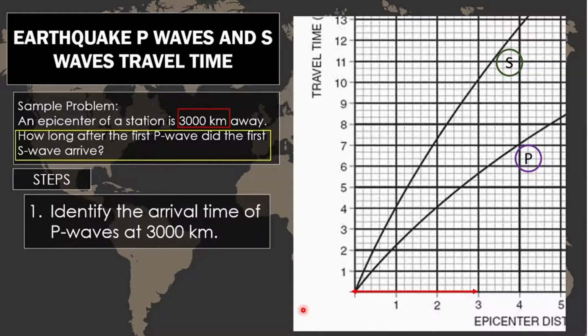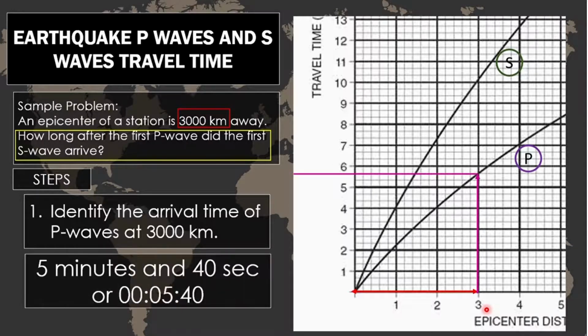Number 1. Find 3,000 kilometers at epicenter distance. Number 2. Draw an upward line from 3,000 kilometers until it reaches the P waves. Number 3. Draw a line to the left to identify the arrival time of P waves. The answer is 5 minutes and 40 seconds.